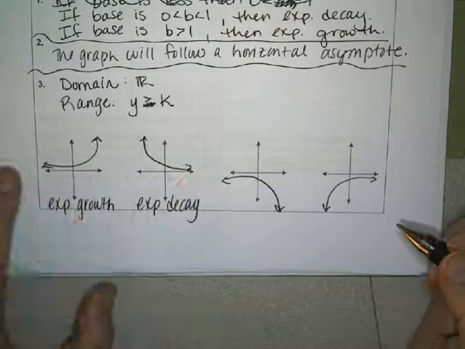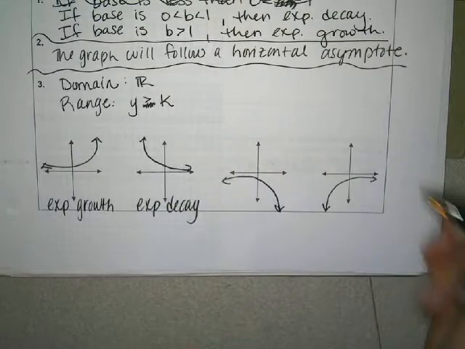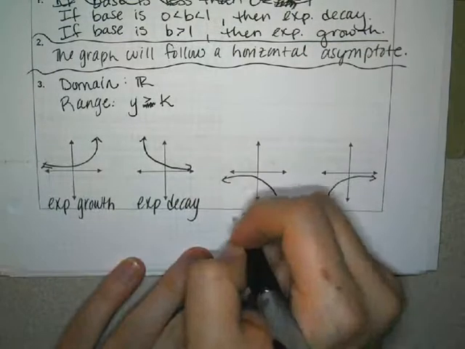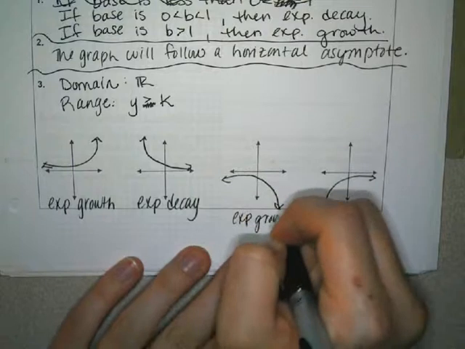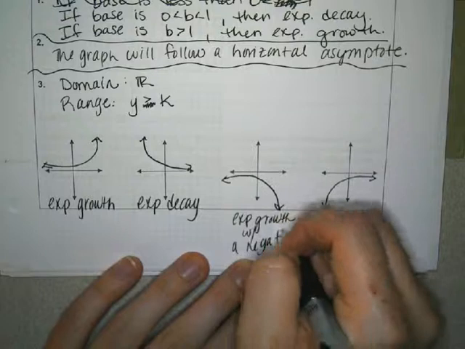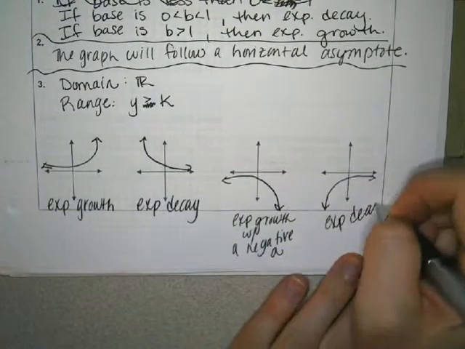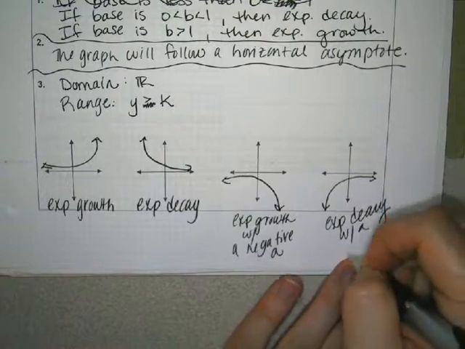This one you increase over time quickly. And then what happens here is this is where you have an exponential growth with a negative a value. And this is exponential decay with a negative a.